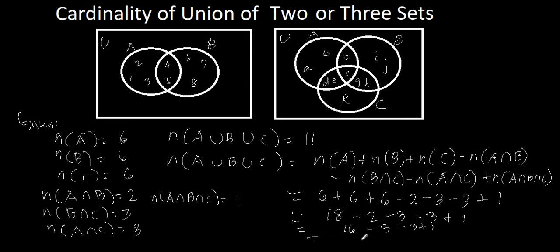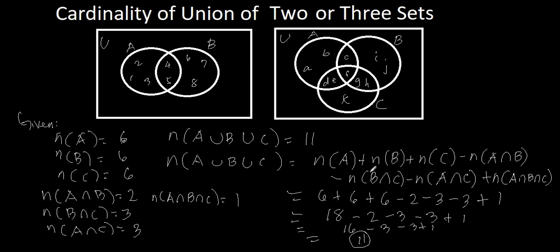We have 16 minus 3 is 13, minus 3 is 10, plus 1 equals 11. So here we have determined correctly the cardinality of the union of the three sets using our formula.